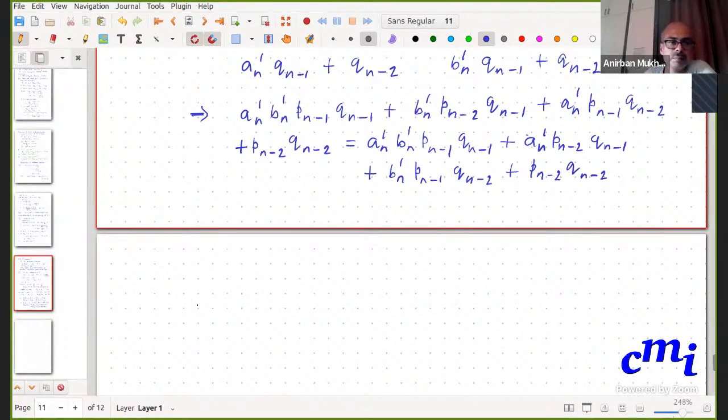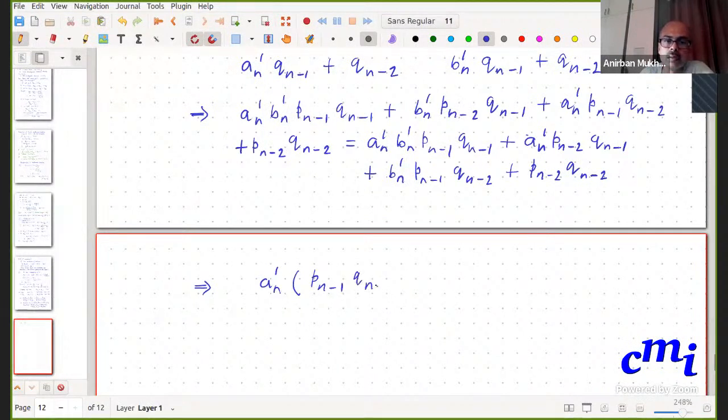So what remains are these coefficients an' and bn'. We keep them on different sides. So an', let's keep it on this side: pn-1 qn-2 minus, from the other entry, pn-2 qn-1.